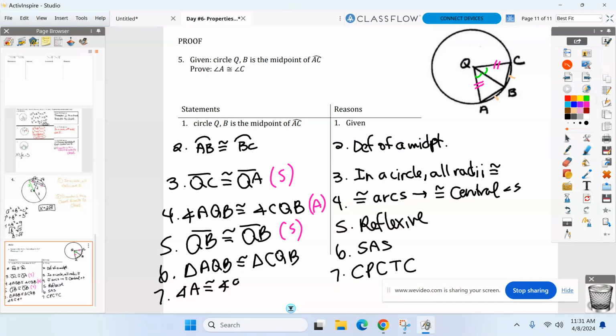I always like to talk about different versions of a proof. This is one version. Now, Zeev gave us the central angles. There is a way to do it without the central angles. Remember arc AB and arc BC? If 2 arcs are congruent, so are what are these here?